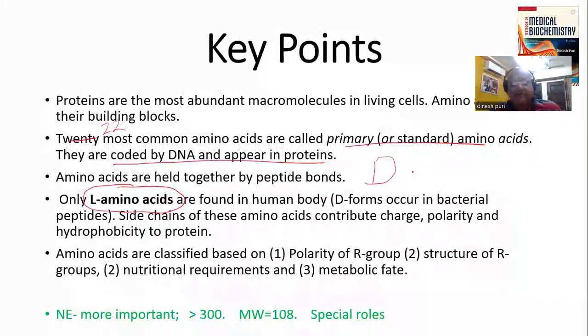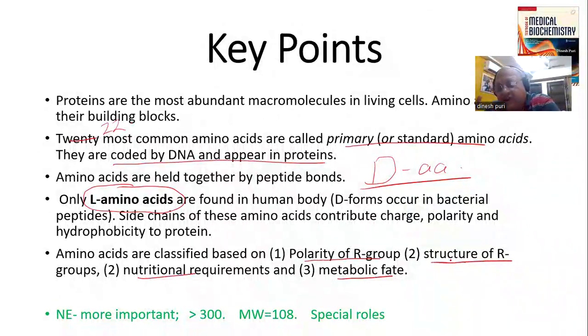The other types, D amino acids, are present in certain bacterial cells, but they are not present in humans. Then amino acids are classified based on polarity, structure, nutritional requirement, and metabolic fate.